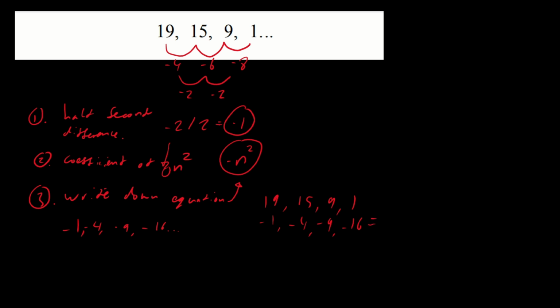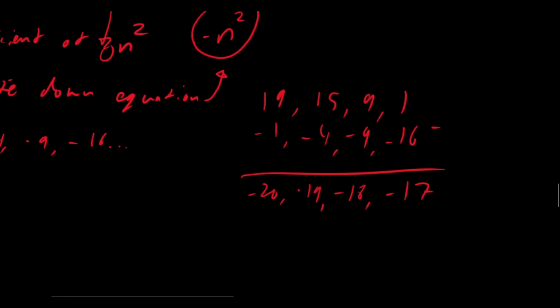You get 20, 19, 18, 17. So this sequence is the difference between these two sequences.